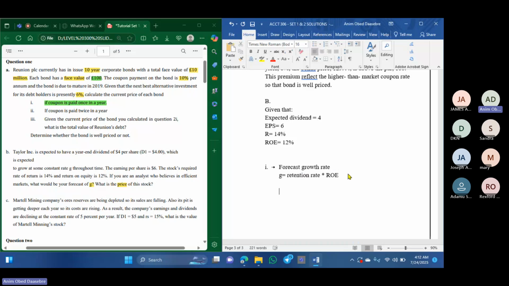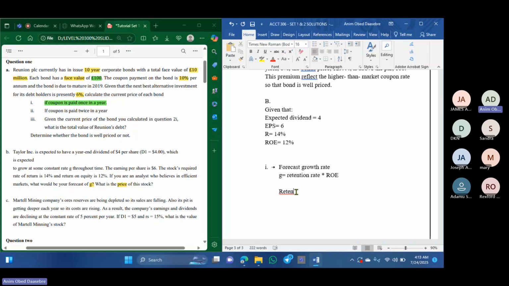So to find our retention rate: retention rate and plowback are opposite to each other. Retention rate is the fraction of our earnings that we retain to operate the business. Plowback and retention rate are the same.